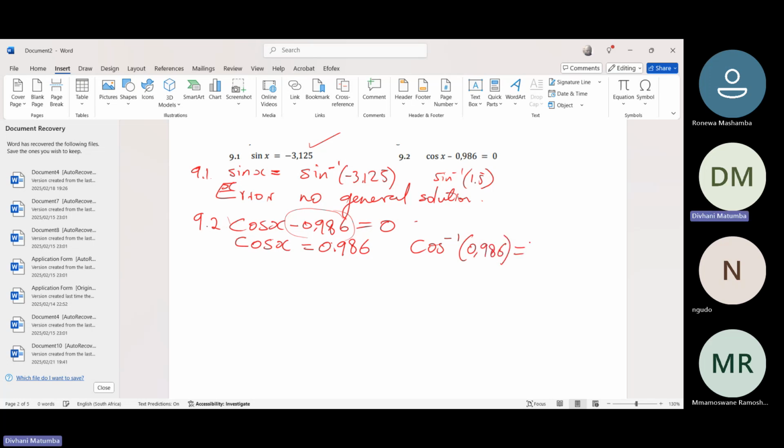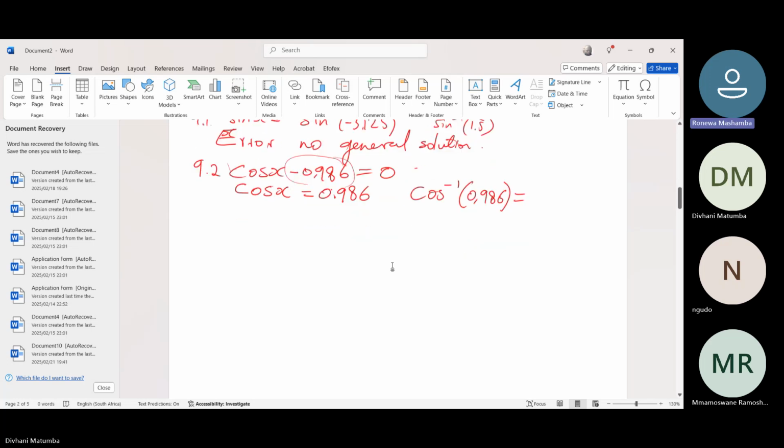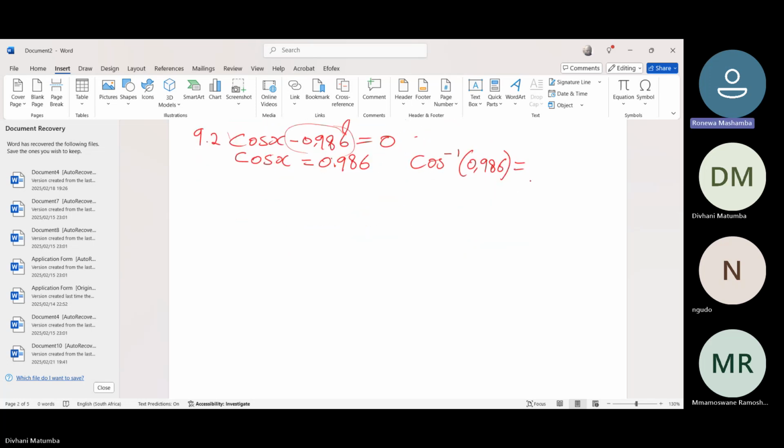Ronel, what do you get? I get 9.59. Okay, how many decimal places? You can take 2. Then you can just leave it as it is.